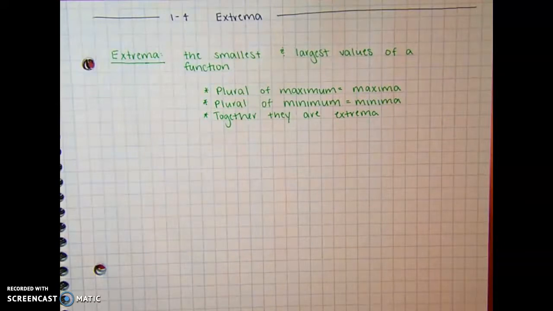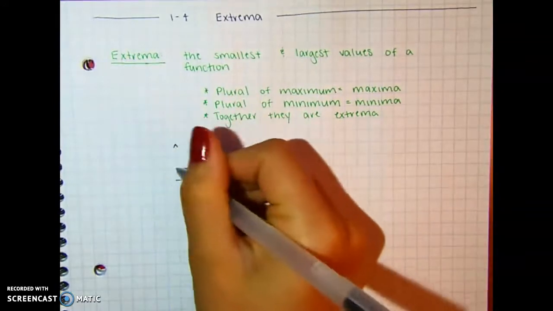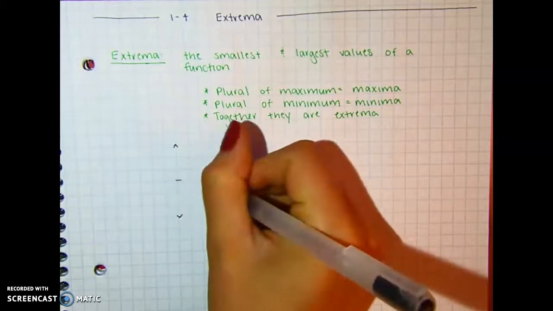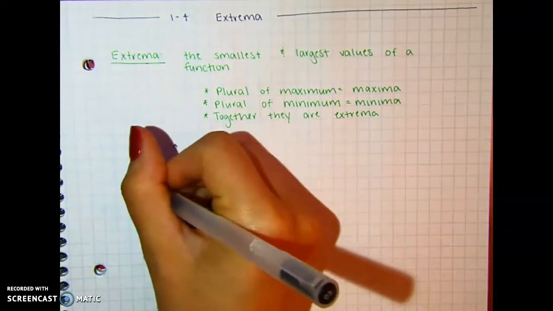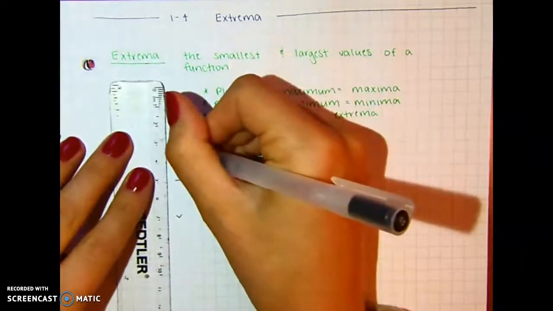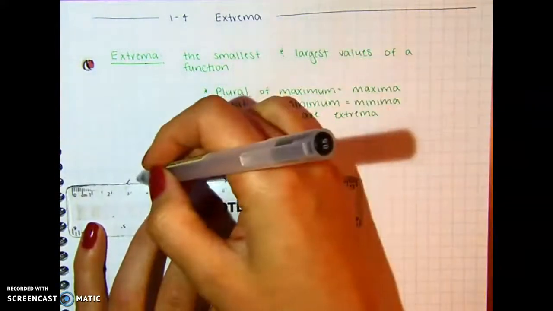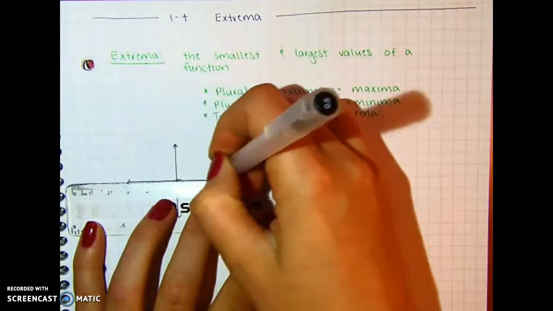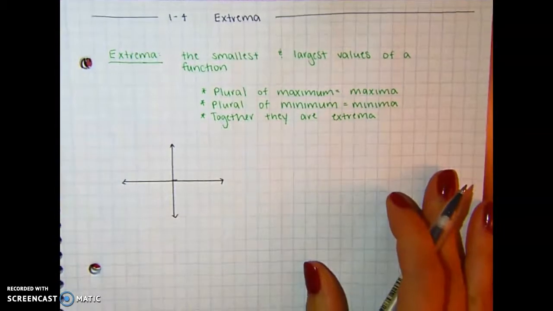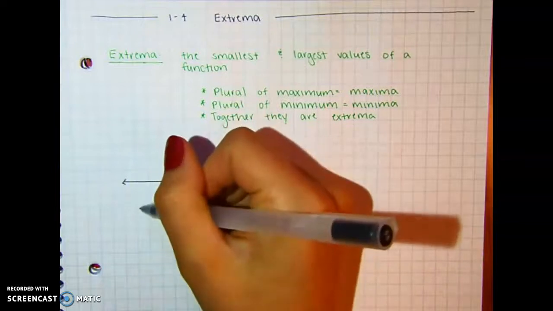So, show you two examples. We're not going to work with numbers just yet though, so we're going to make two small coordinate planes. Alright, so for this one, let's say we have our graph look like this.